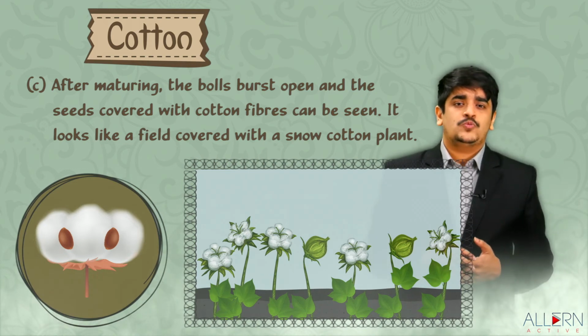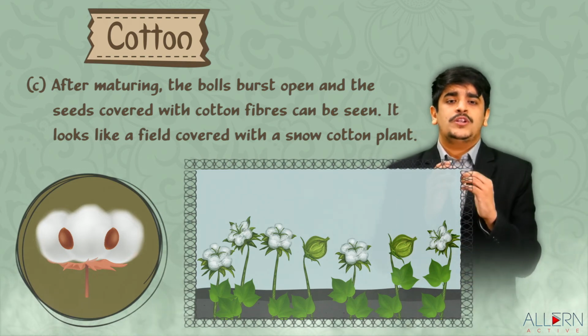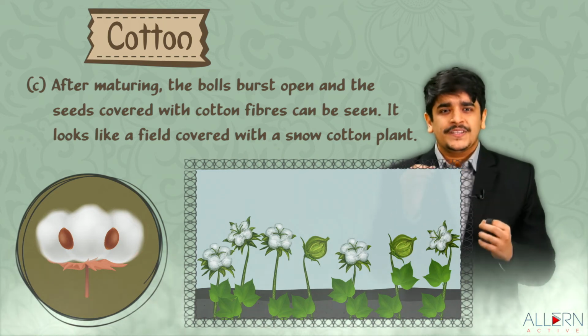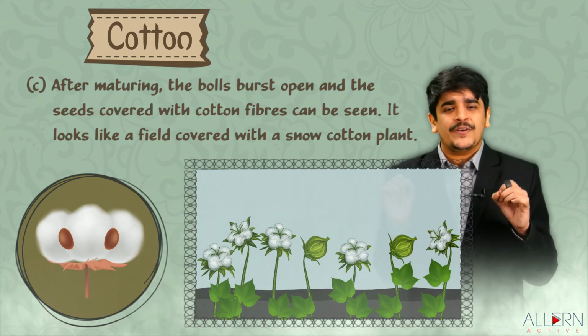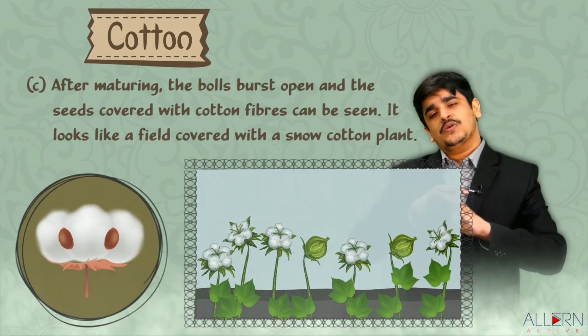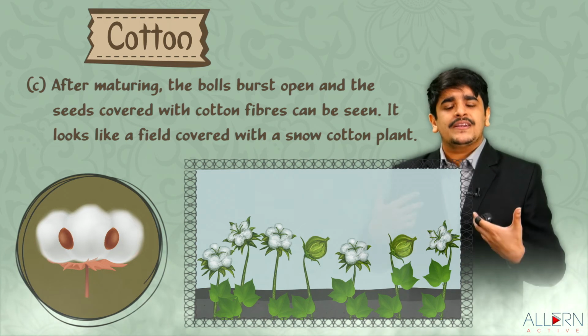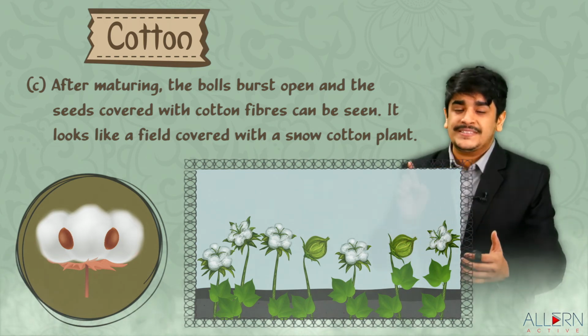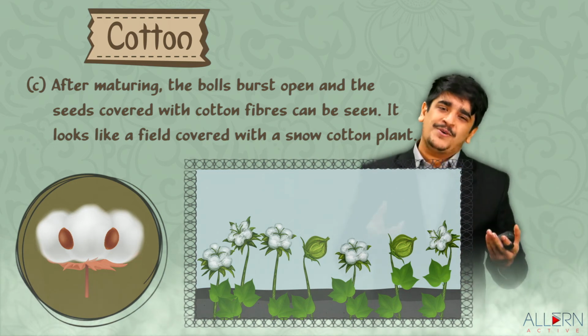So in this particular case, once the cotton boll has matured, it is going to burst open. The seeds are going to spread around, but the seeds have intertwined within them something that we need, which is cotton fiber. It's an absolutely beautiful spectacle where it looks as if the entire field has been covered by snow. But that isn't snow, it is the fibers of cotton.